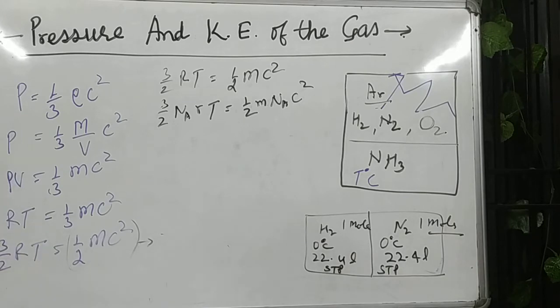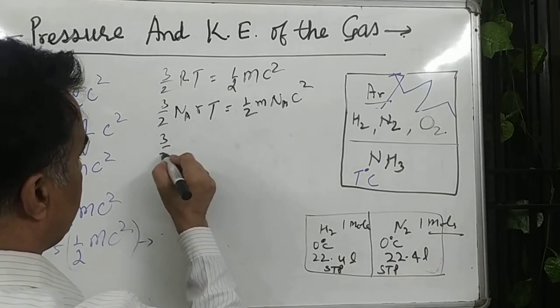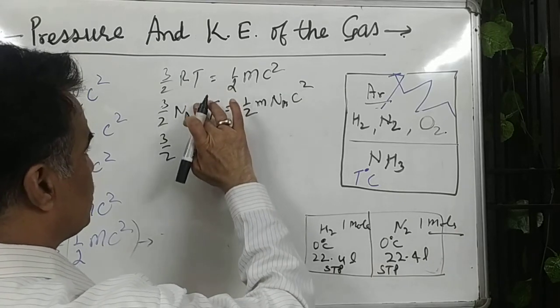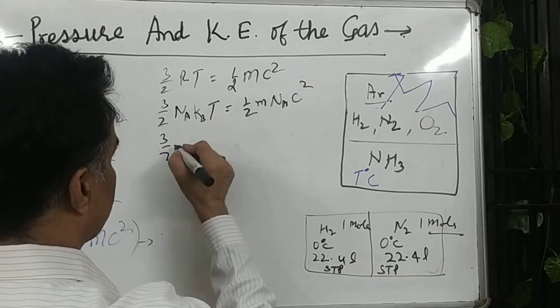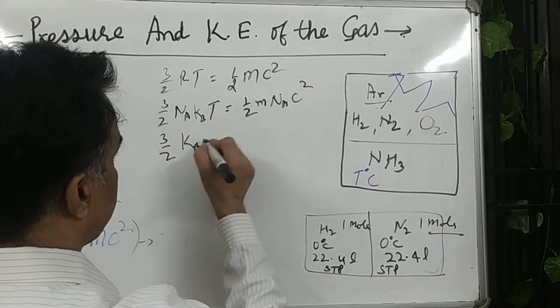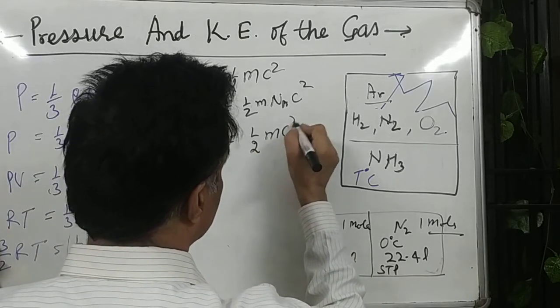So Na will be cancelled, and in place of small r I am writing Kb, Boltzmann's constant: 3 by 2 KbT equals half mc square.